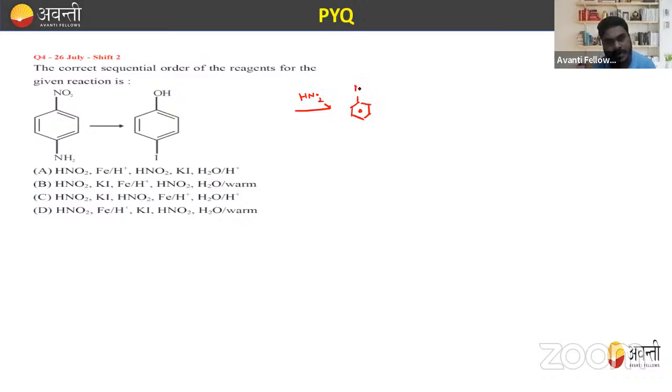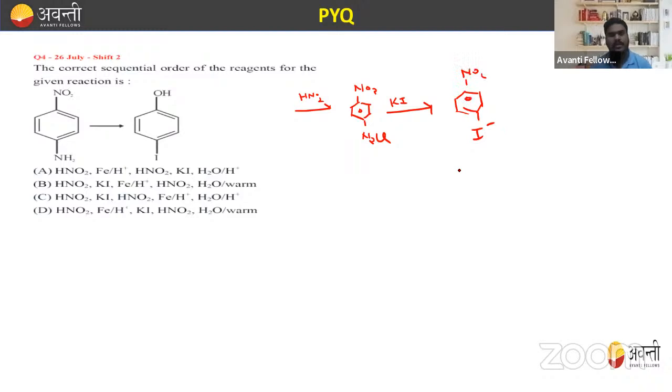The first step, when treated with HNO2, gives BDC. This is NO2, and this will become N2Cl, right? BDC. Now, when we treat this BDC with KI, what is formed? Iodine, and this will be the product.